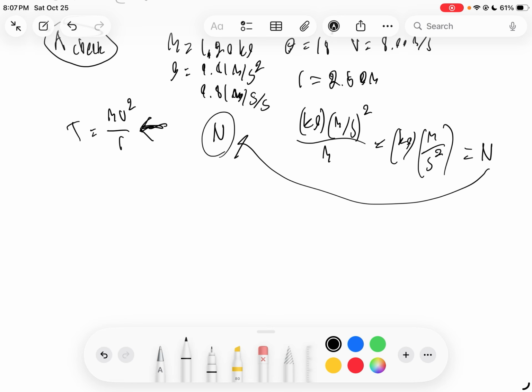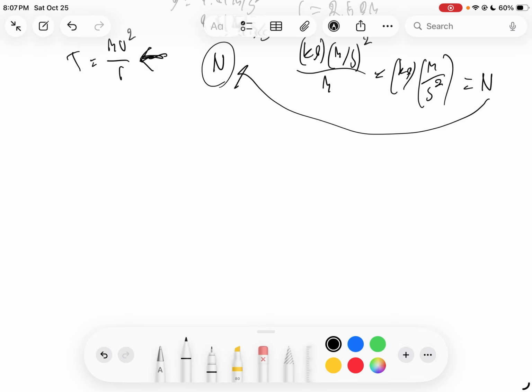Another thing you can always check, and this goes for any physics problem, is to think about it from a realistic standpoint. Is it possible for the tension on the string of the plane to be some exorbitant number? It's not going to be 100 and some thousand newtons.